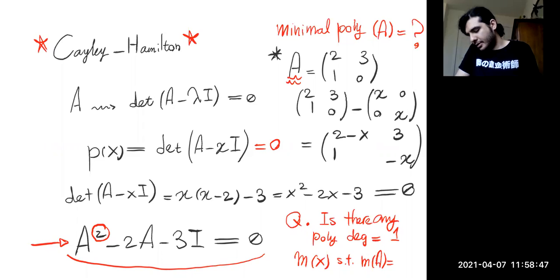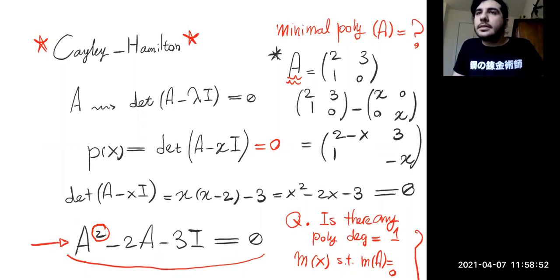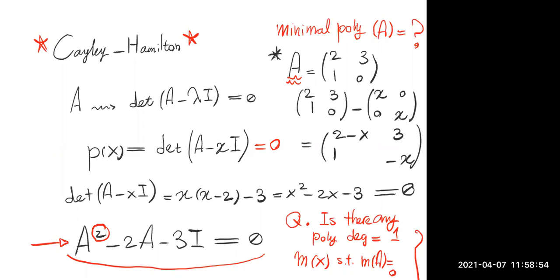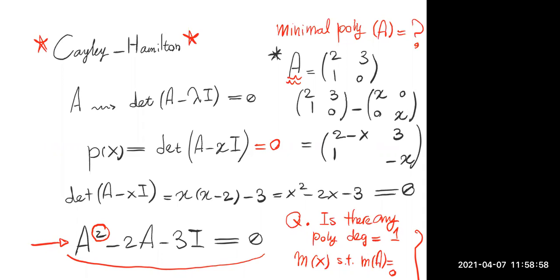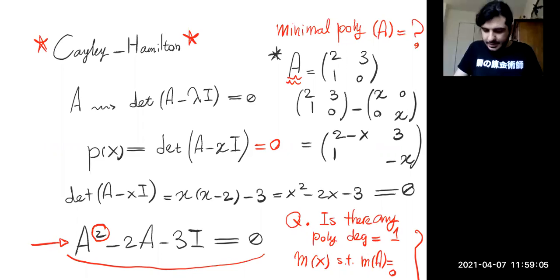Oops, I can't write here. Okay. Is it yes, there is. There is? I think so, because wouldn't that just be A minus eigenvalue times I? Okay, let's see.